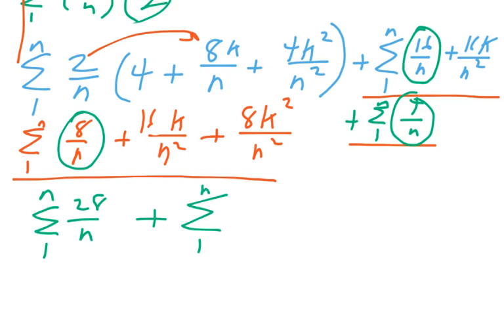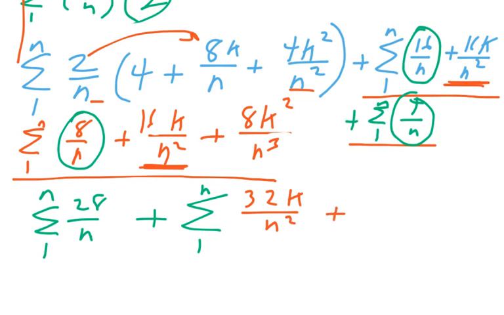So now we got 1 to n, and now I need to take care of, sorry, a quick little reminder that this should have been n cubed, because n times n squared is n cubed. So let's add the 16k over n squared here, and 16k over n squared here is 32k over n squared.